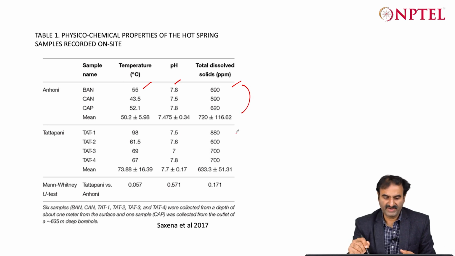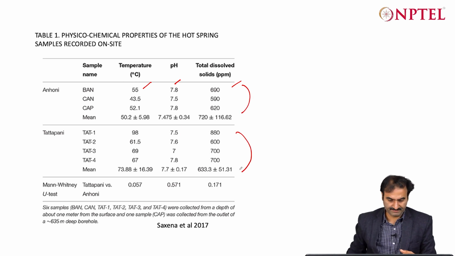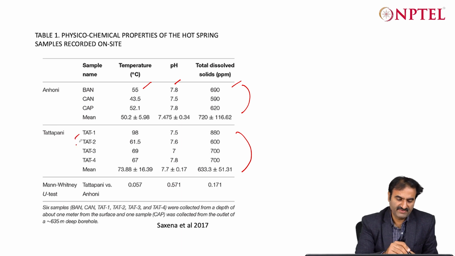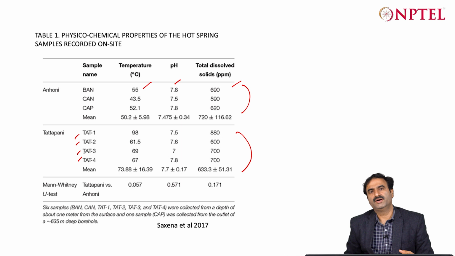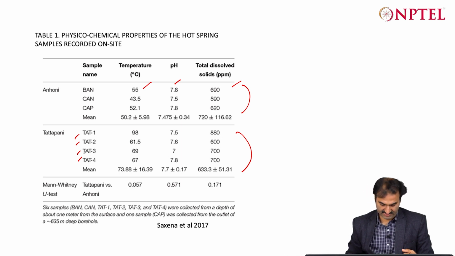For the two different sites this was done, and you can see multiple samples were collected from each site, so that you will know the inter-sample and intra-sample variation between the samples.